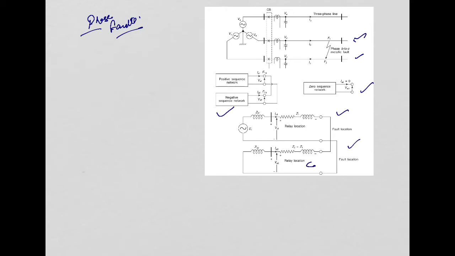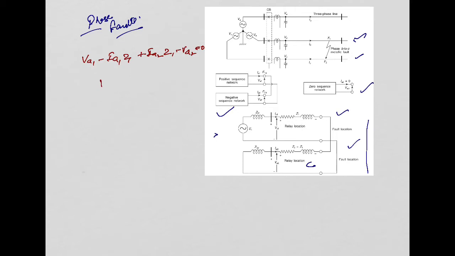Now apply the KVL to this equivalent circuit. What we get is VA1 minus IA1 Z1 plus IA2 Z1 minus VA2 equals 0.